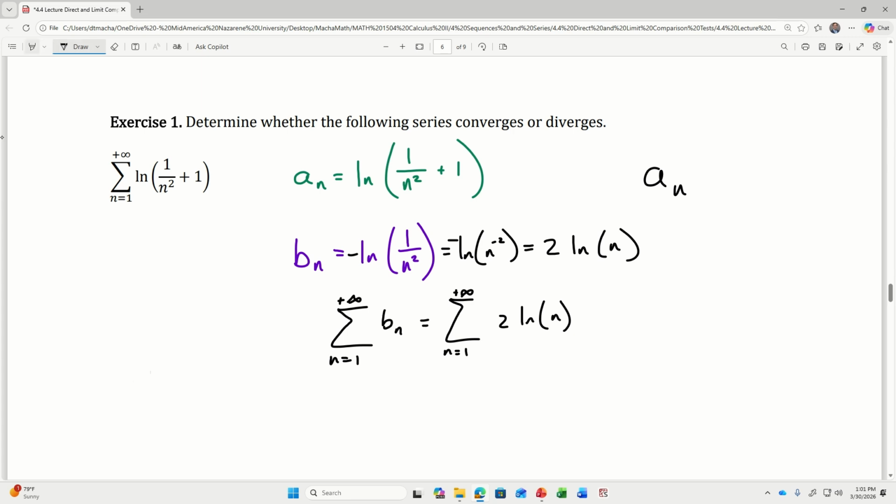So this is really tricky to think about, but bn is actually positive when I put that minus sign in front. Because if I have 1 over n squared, that's like n to the negative 2 power. And then a property of logarithms tells me I could take the negative 2 power outside of the logarithm and multiply.